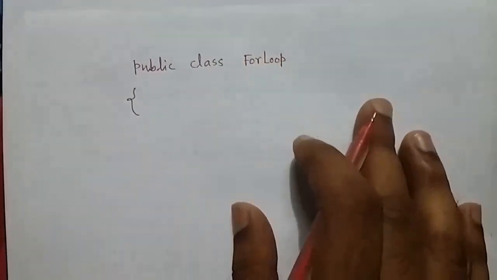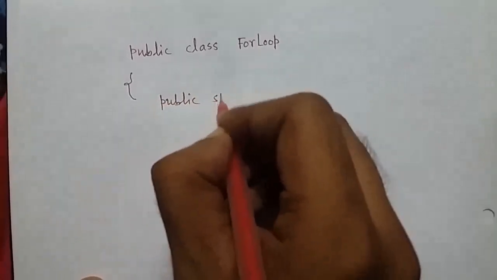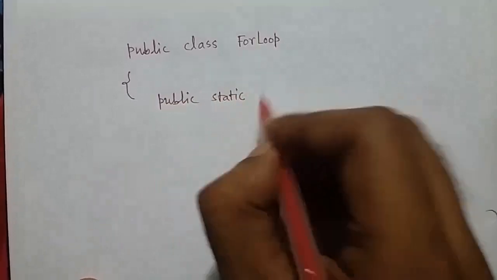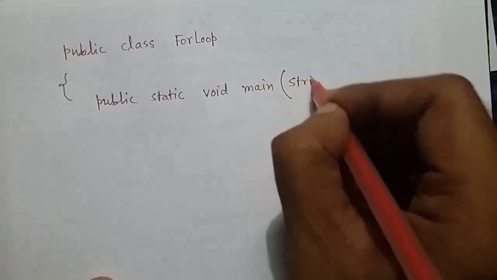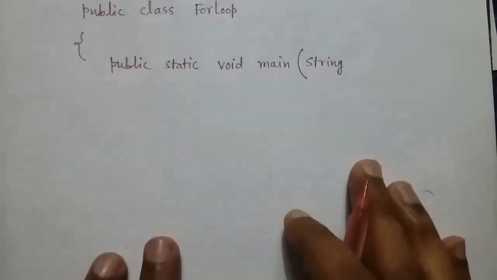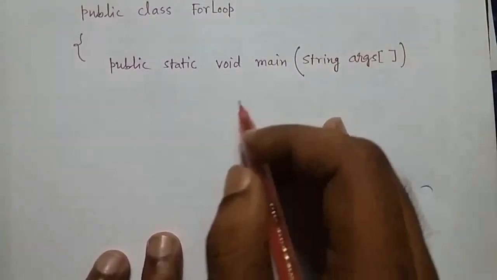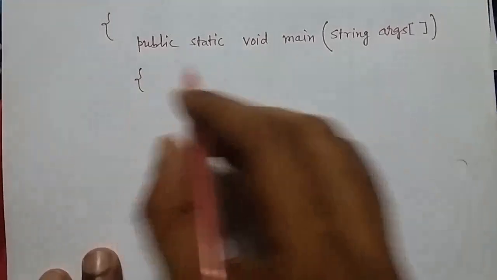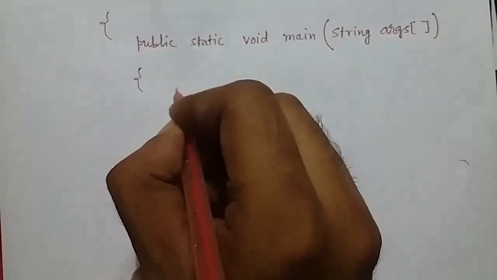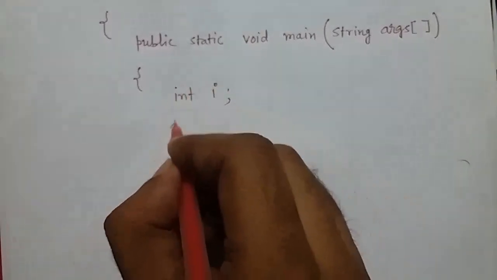This is the class name, and then public static void main(String args[]). This is the main function, and inside the main function I will declare the loop control variable, that is int i, only one variable, and then the for loop.